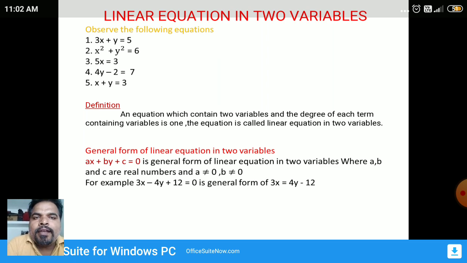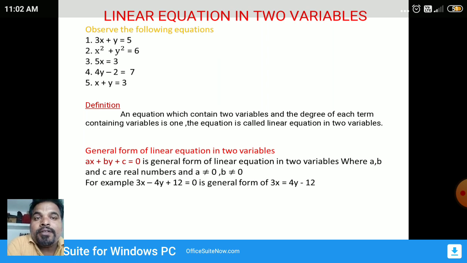It means that equations 3 and 4 are not equations in two variables. Now equations 1, 2 and 5 contain two variables, but equation 2 contains the variables x and y with degree 2.